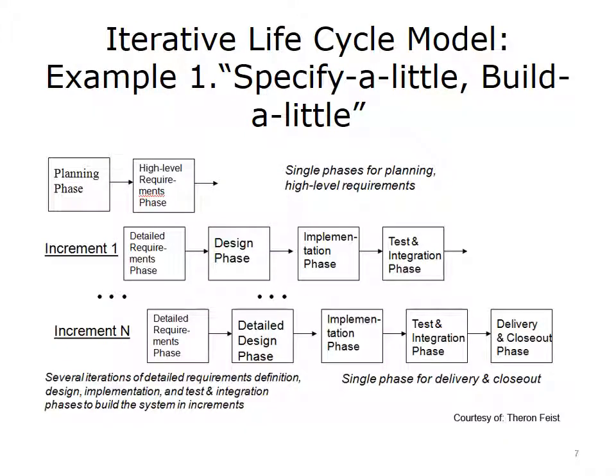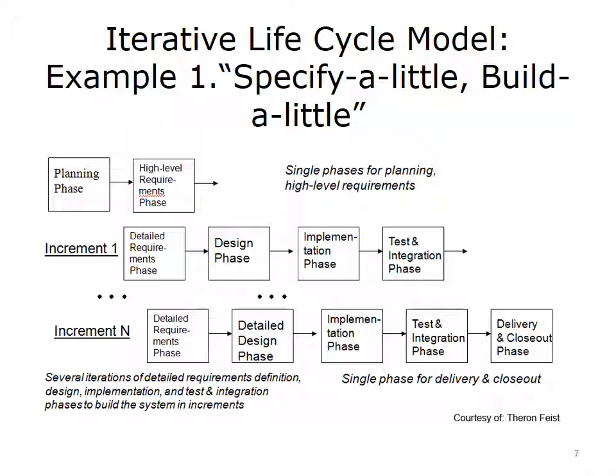The first example, again, is just one of many in this family of iterative models. As shorthand to characterize it, we're calling it a specify a little, build a little model. What's characteristic about it is that you'll have a single phase for planning and a single phase for developing high-level requirements. But after that point, you can decide that you don't want to go ahead with a single design phase because you want to understand the detailed requirements much more in an iterative fashion.